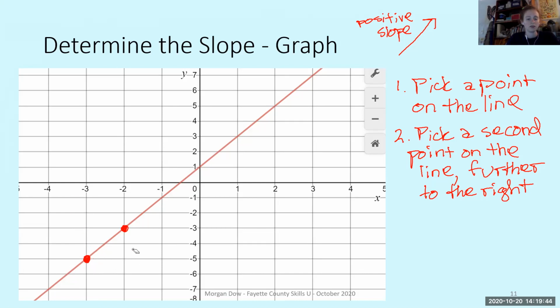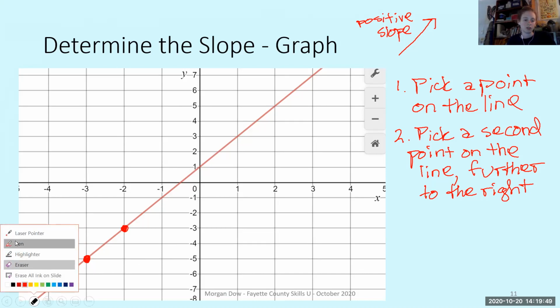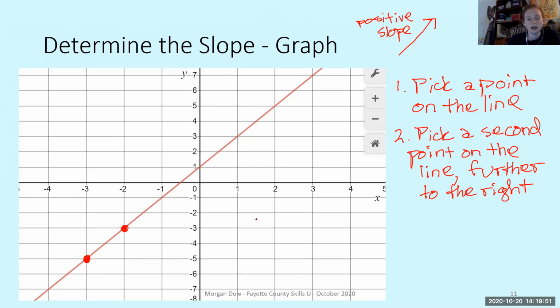Now to determine the slope, we are going to travel from our first point to our second point along the grid line. So the next thing you're going to do is determine how far up or down and how far over you need to go to get to the second point.